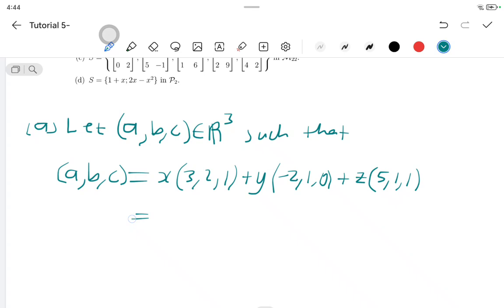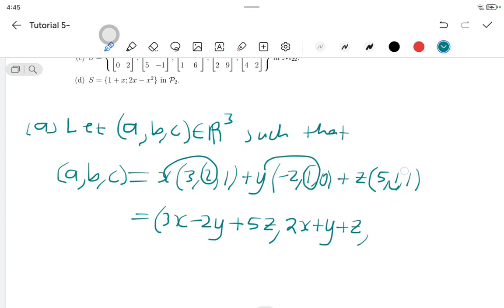Then we simplify the right hand side. We say that this will be 3x minus 2y plus 5z. In other words, I'm adding the first entries, just skipping a certain step there. Then the second one is 2x plus y plus z.